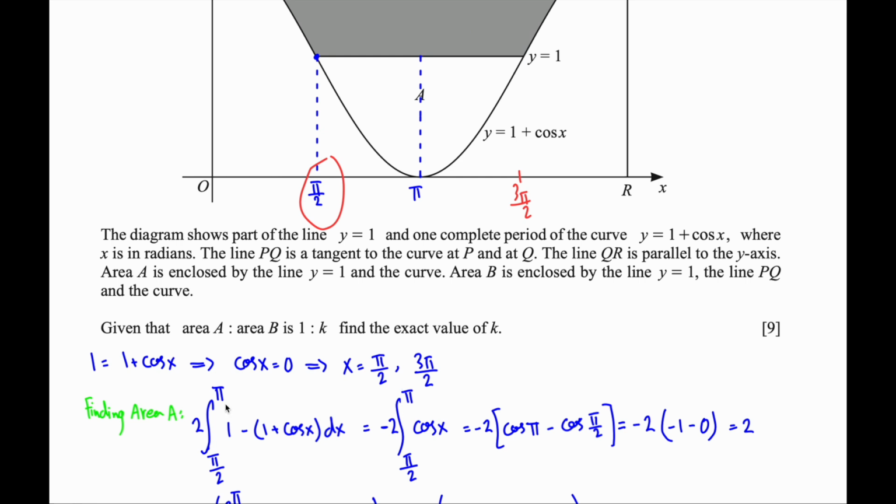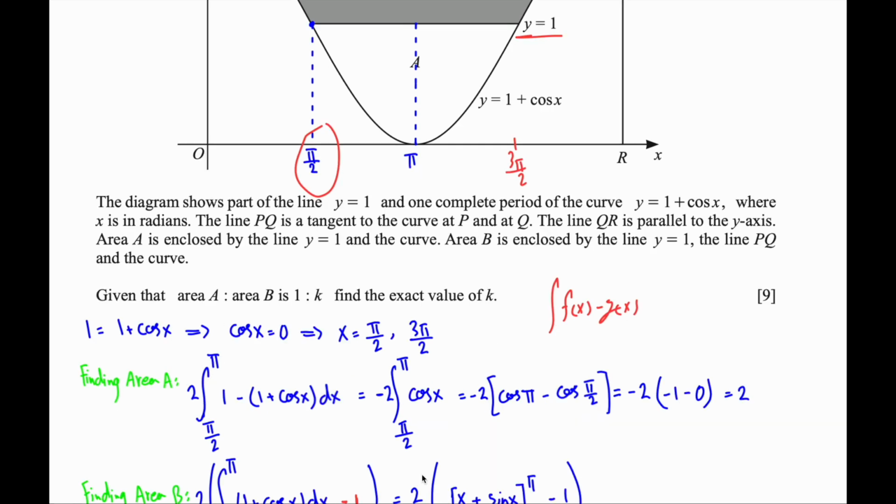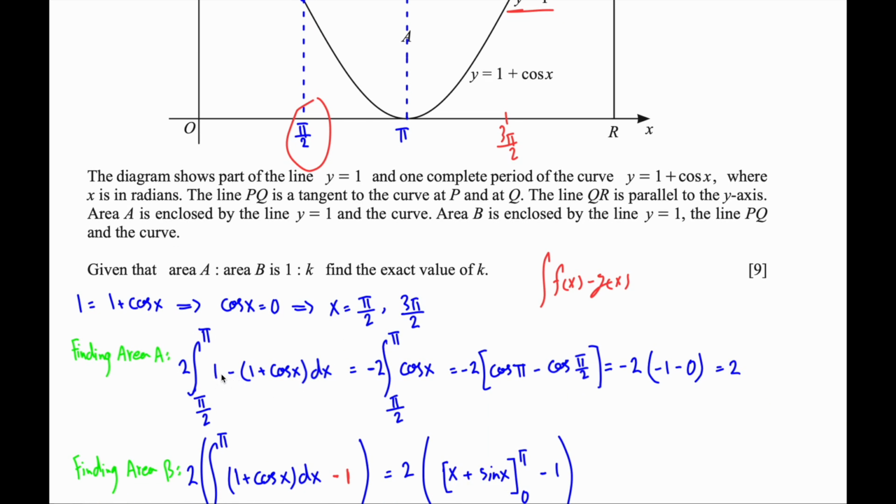Now you're gonna start with taking integration of the upper curve y equals 1 minus 1 plus cosine x. So you're using this formula, and then the limits of your integration should be from pi over 2 all the way to pi, and then you double it for the reason I just mentioned. You carry on with the integration. Of course 1 minus 1 becomes 0, and you have to take integration of negative cosine x.